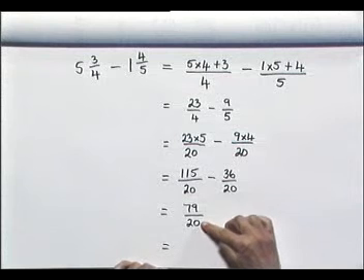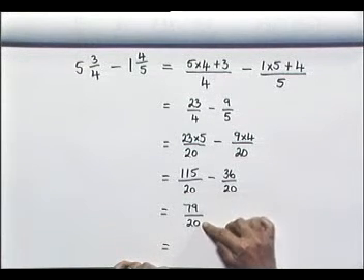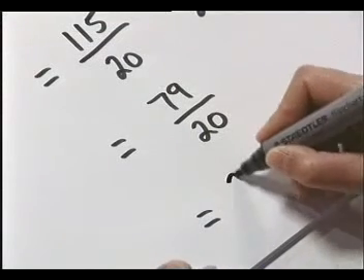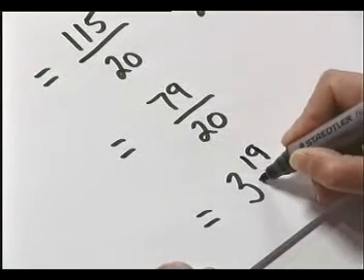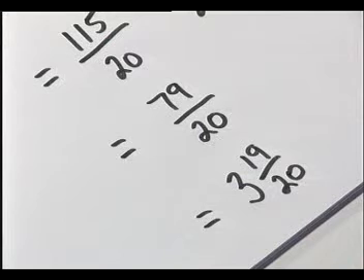So 20s into 79, well 20 20ths make 1 whole one, and we've got 3 whole ones there, 3 20s are 60, and then we've got 19 20ths left over. So the answer is 3 and 19 20ths.